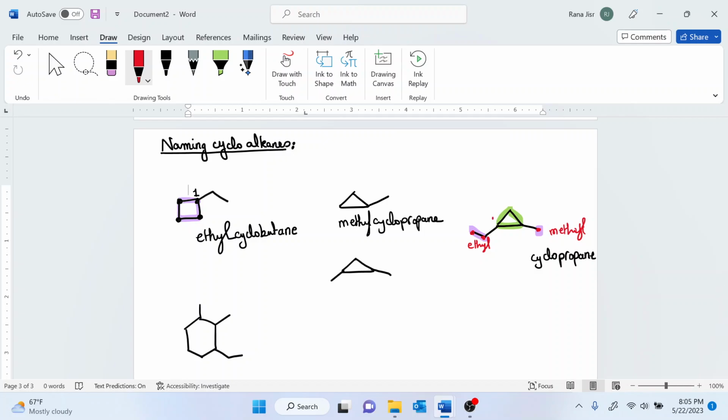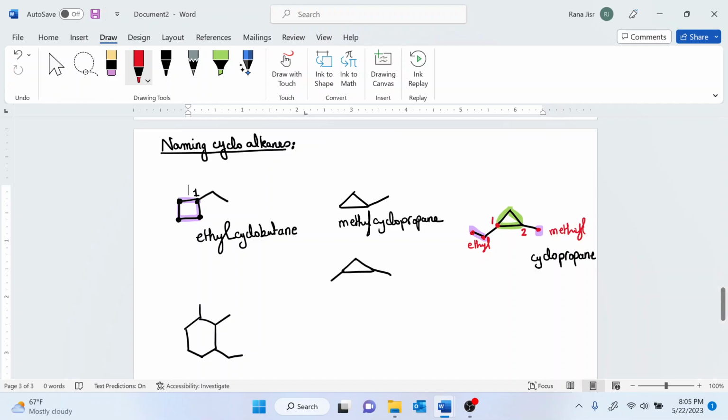So here I'm going to start numbering the ethyl from carbon number 1. And I'm going to go this way and name the methyl the second lowest number. So this is going to be carbon number 2 instead of going the other way and naming it as carbon number 3. So always give your substituents the lowest number or the lowest sum of numbers.